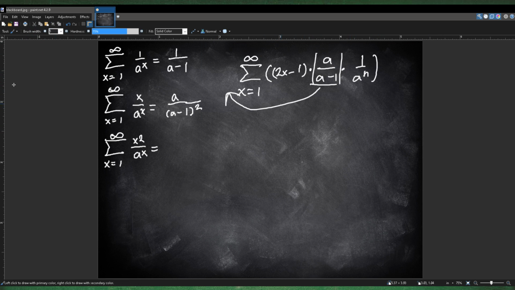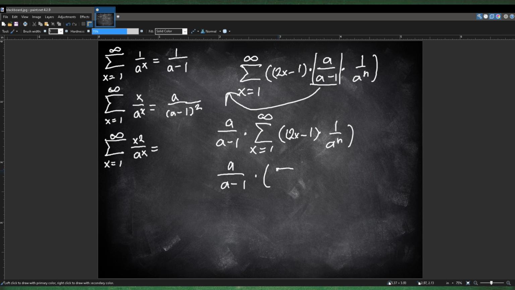Okay, so we have a over a minus 1 times the summation from x equals 1 to infinity of 2x minus 1 times 1 over a to the n. And then to find the sum of this, if you think about it, we could just split it up into two summations.